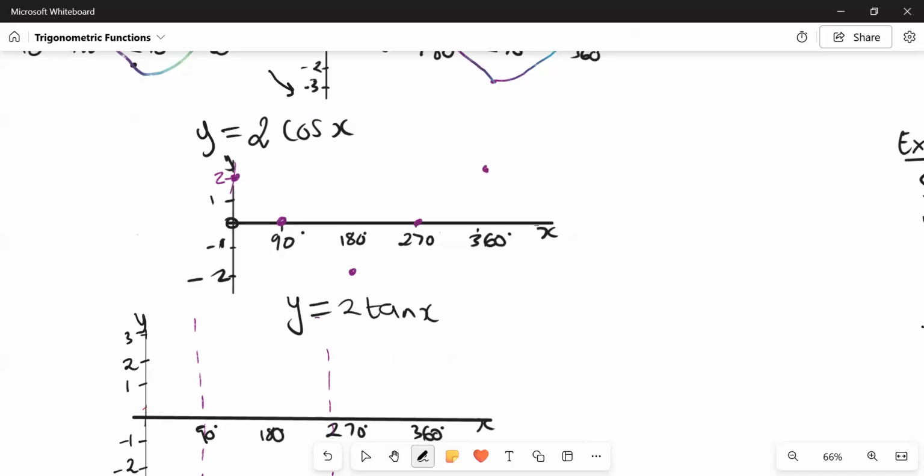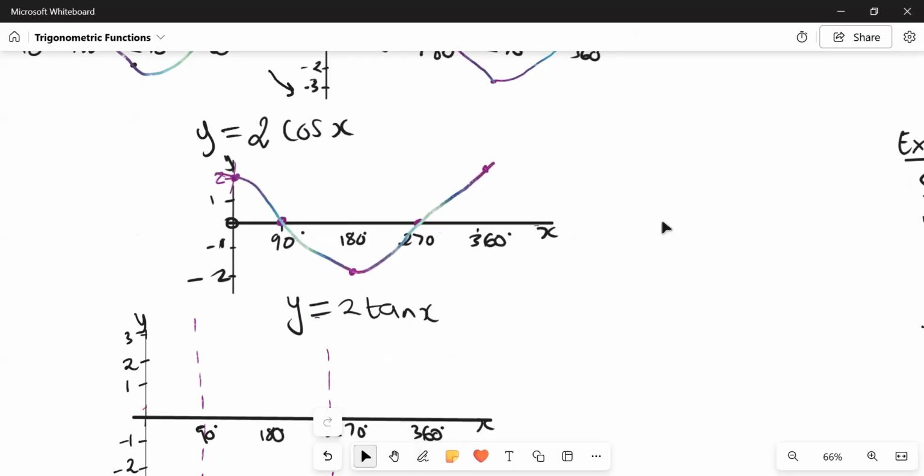And then you join the points, and you'll end up having something like this, right? You'll end up having a V shape.